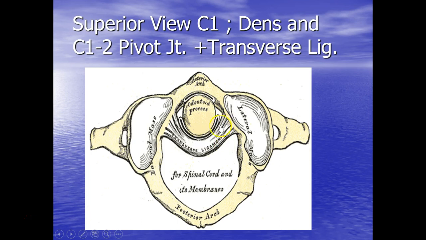So this is part of the cruciform ligament. But this transverse division is lined with synovial membrane so that the whole atlas vertebrae can pivot in a rotation motion around the odontoid process of C2.